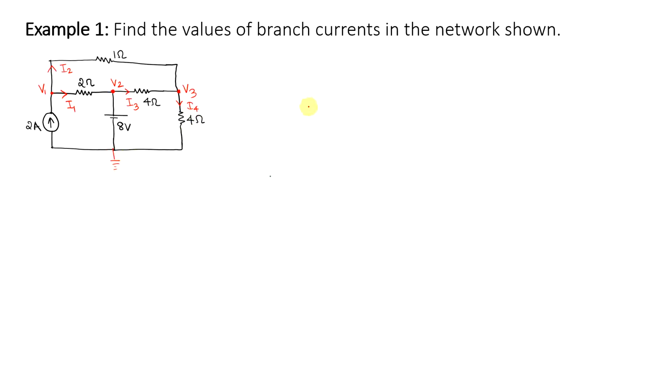So the branch currents can be computed as I1 equal to V1 minus V2 divided by 2. The branch current I2 will be equal to V1 minus V3 divided by 1. I3 will be equal to V2 minus V3 divided by 4, and I4 will be equal to V3 by 4.